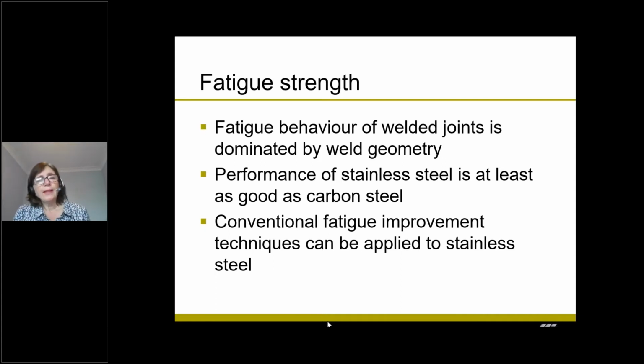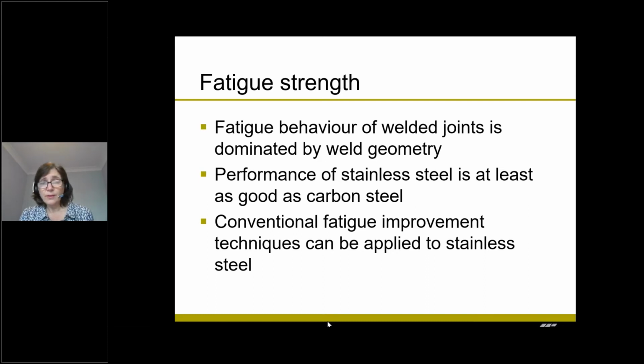So a word on fatigue. The combination of stress concentrations and defects at welded joints leads to these locations being almost invariably more prone to fatigue failure.